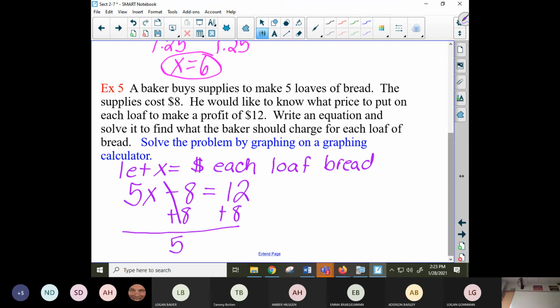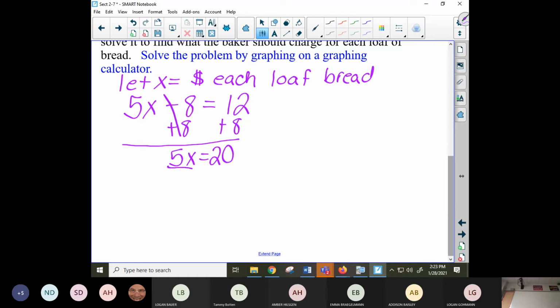So we get 5x equals 20. And some of you are bright enough to just have done this without even writing it down, just kind of plugging numbers in and using trial and error. But he would have to sell 5 loaves of bread at $4 each. And then that's $20. When he subtracts his $8 supplies, he would get $12.